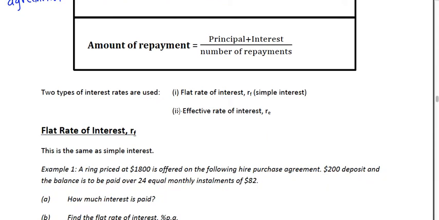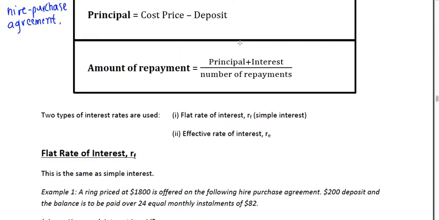The final one I'll mention is that the amount of the repayment, this can sometimes be asked. So obviously we need to look at the total amount that you're going to pay after you walk out the door. And that's your principal. So don't forget cost price minus deposit plus any interest that you've got to pay. So once you take the item, this is what you owe.